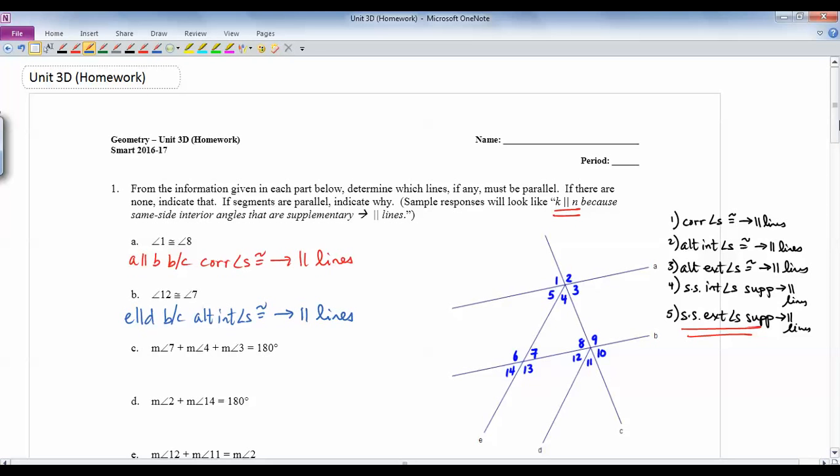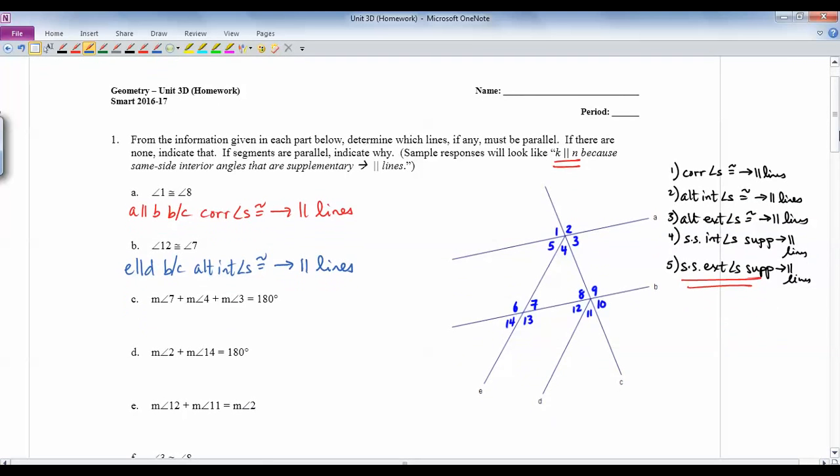C. Now C involves 3 angles, and we're looking at pairs of angles, so that probably means we need to combine 2 of them. 7 is here, formed by E and B. And then 4 and 3 are right next to each other here.